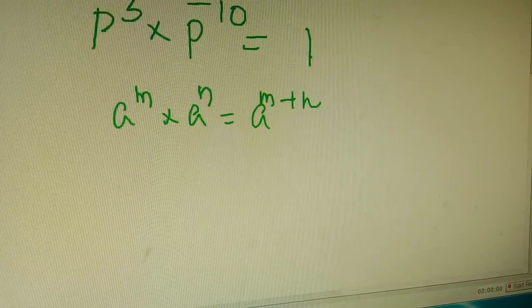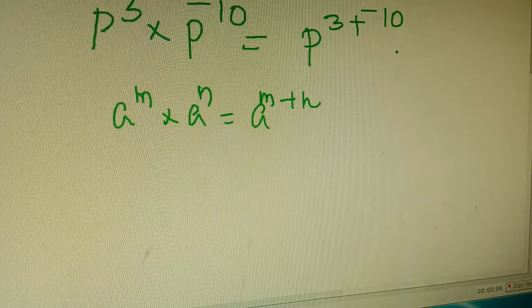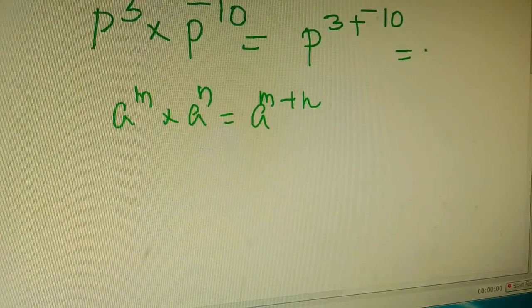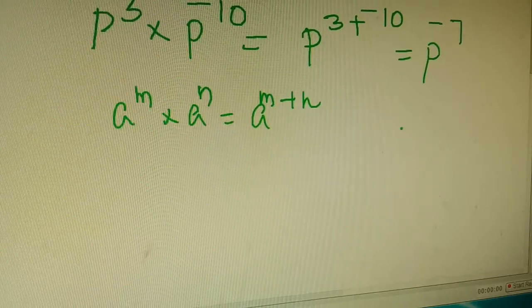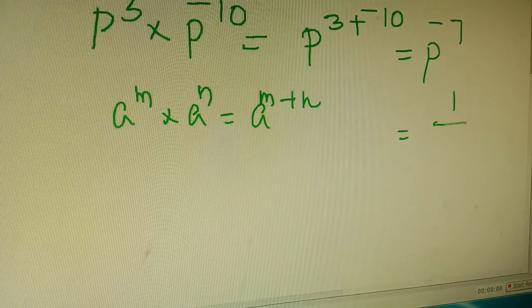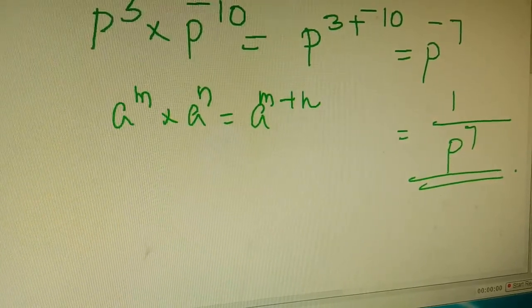So here also p to the power of 3 plus negative 10. Then 3 plus negative 10 is negative 7. So the answer is p to the power of negative 7, or otherwise 1 by p to the power of 7. The two answers are same.